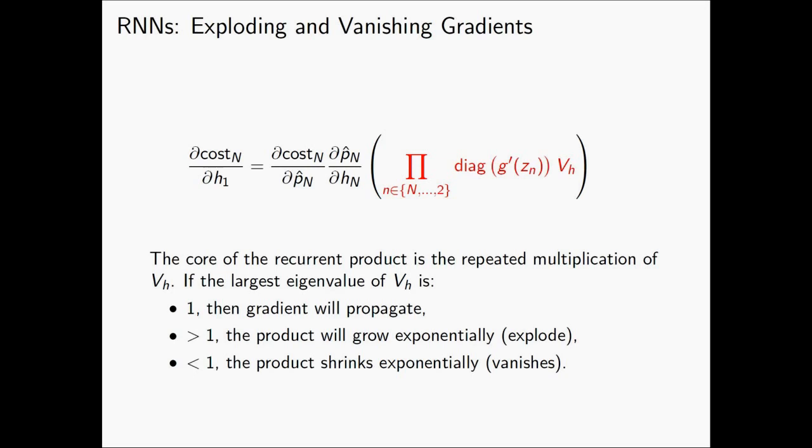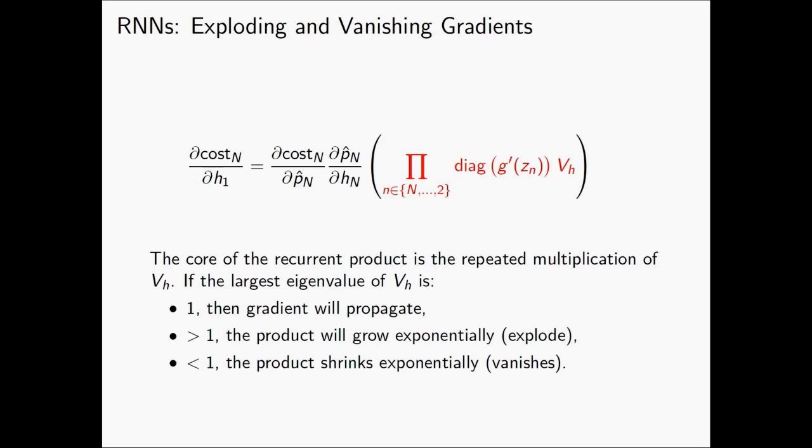And so hopefully if you can remember your linear algebra courses, what happens when you multiply a matrix by itself multiple times, and if you keep doing this repeatedly? You can tell what happens by looking at the spectrum of the matrix. If its largest eigenvalue equals 1, then that will be stable, which is nice. If it's greater than 1, this is going to explode.